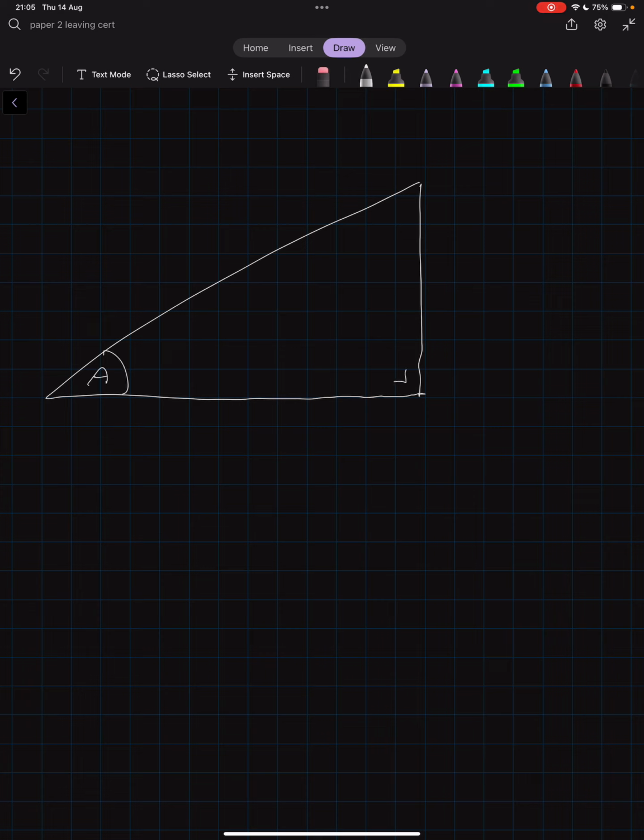This up here is your long side, the side opposite the right angle, the hypotenuse. The side that's opposite the angle we're looking at is called the opposite. And the side that's beside the angle A, that's not the hypotenuse. Obviously for this angle A, there are two sides beside it. One's the hypotenuse, the other one is the adjacent.